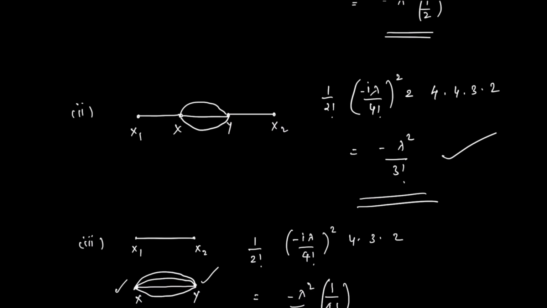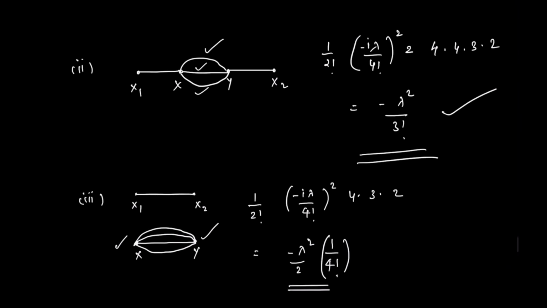Therefore, it is not symmetric. But they have 3 symmetric legs. The vertices x and y have 3 symmetric legs, and therefore the symmetric factor is 3 factorial.